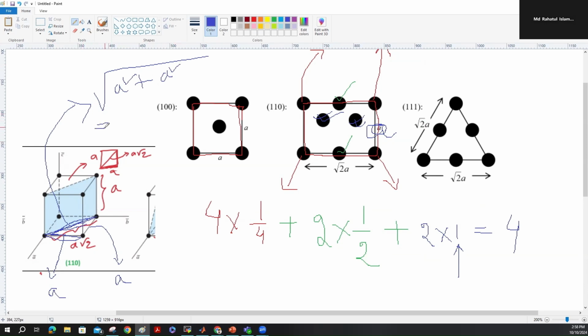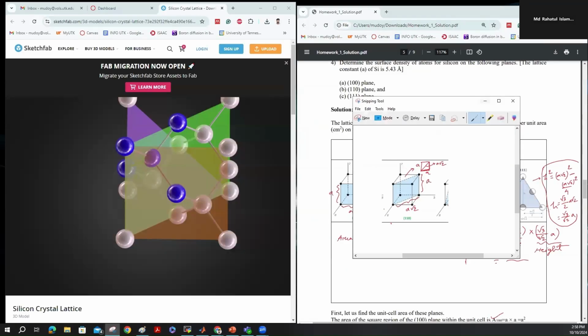That is root 2A. If you calculate this, you will get root 2A. So root 2A or A root 2 is the length of this side of the rectangle.